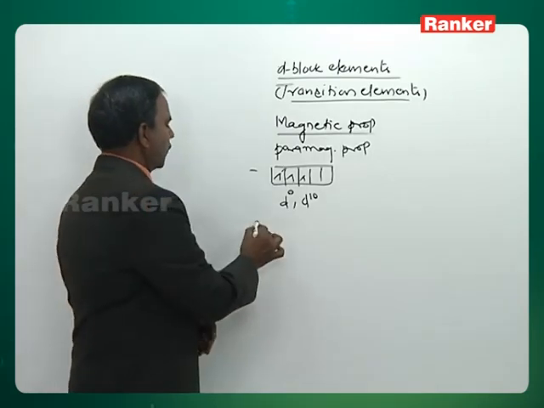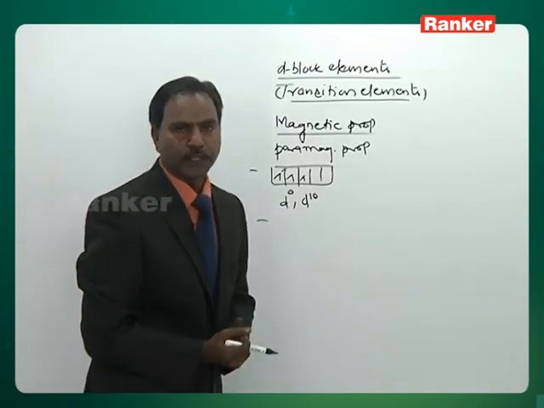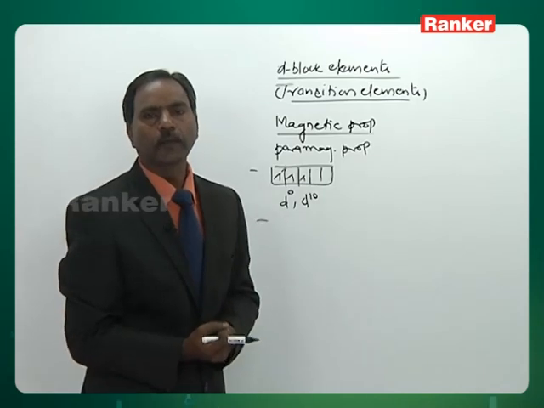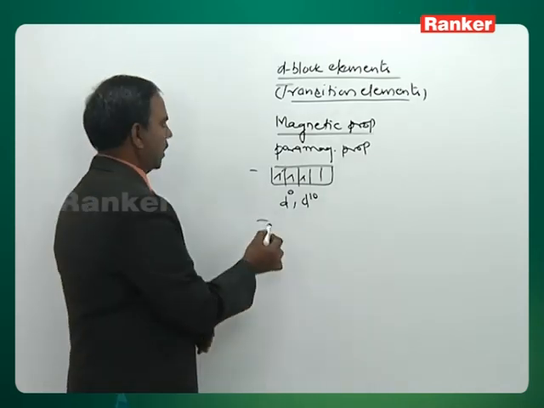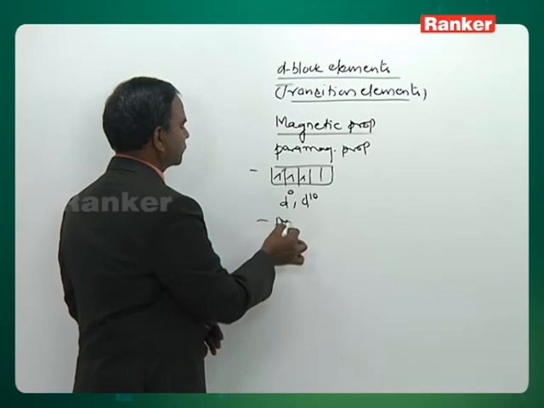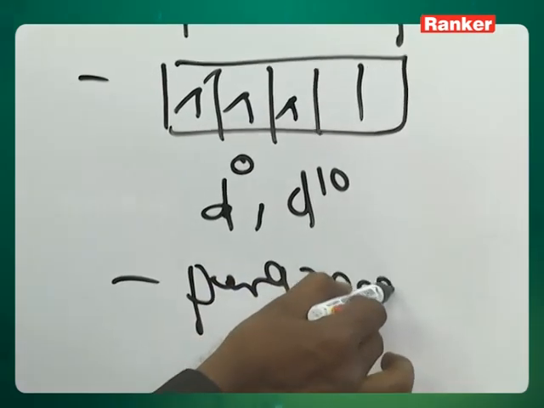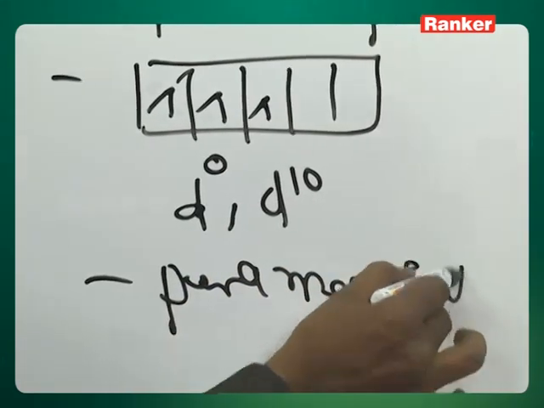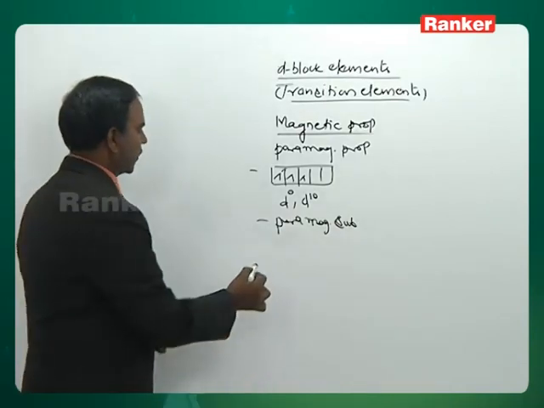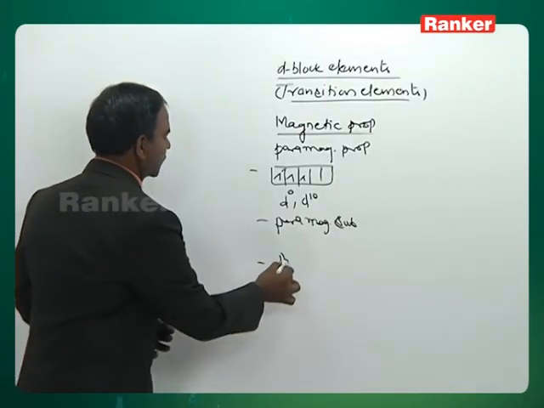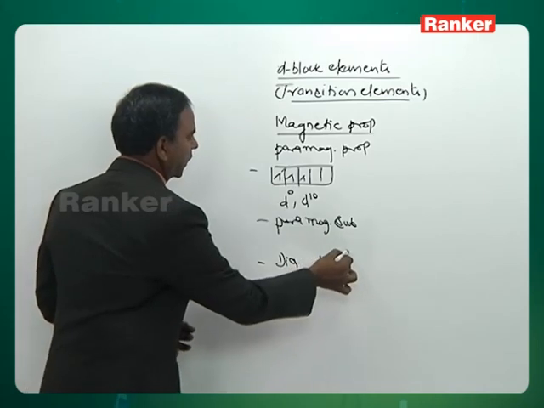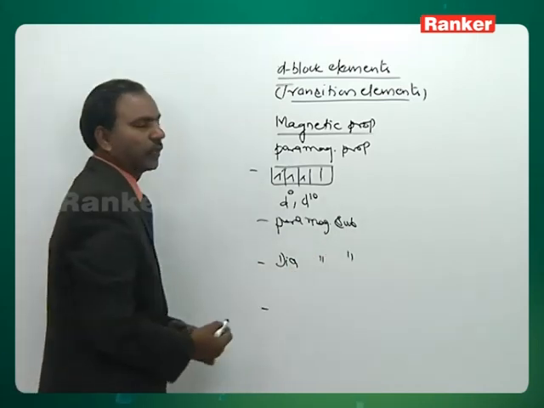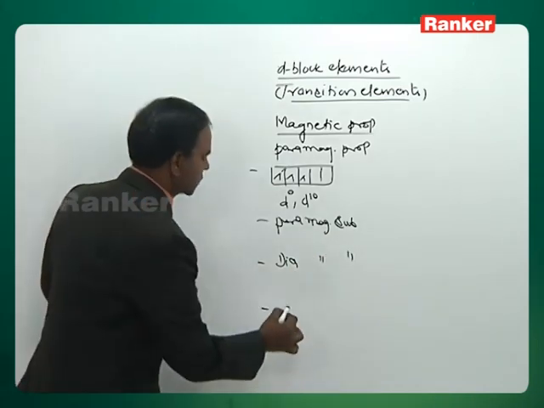We come across different types of magnetic properties. The first one, paramagnetic substance. Second one, diamagnetic substance. Third one, ferromagnetic substance.